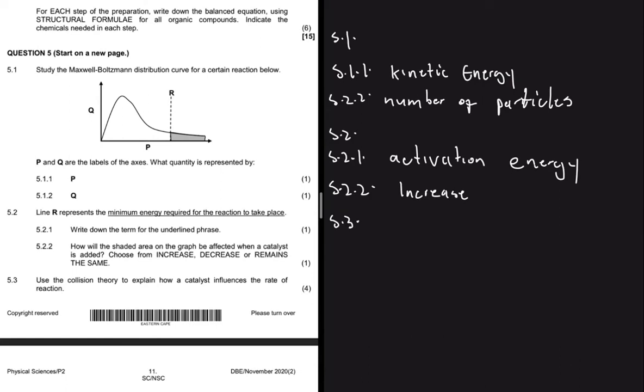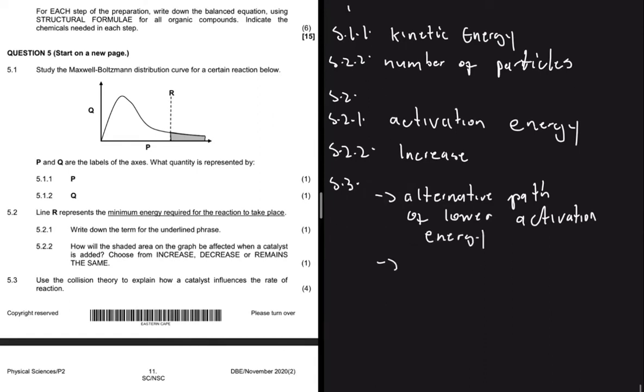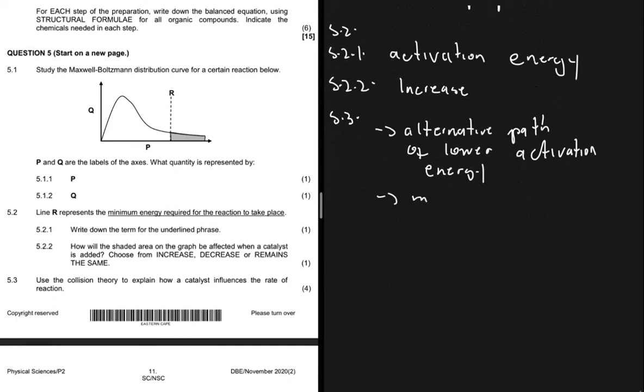When you add a catalyst, it provides an alternative path, right? So let me just write that down. Alternative path of lower activation energy. So after we have an alternative path of lower activation energy, then more particles will have enough kinetic energy to react, right?